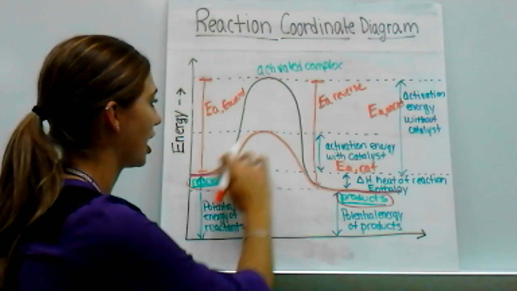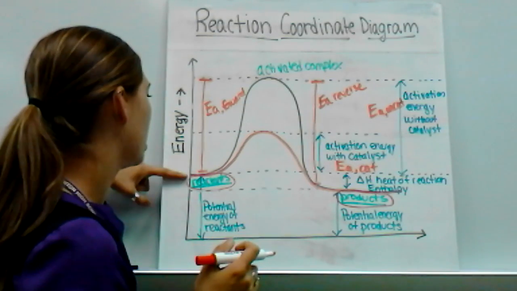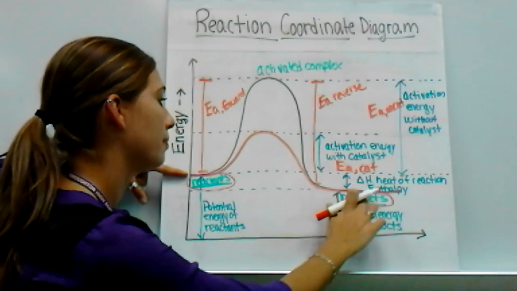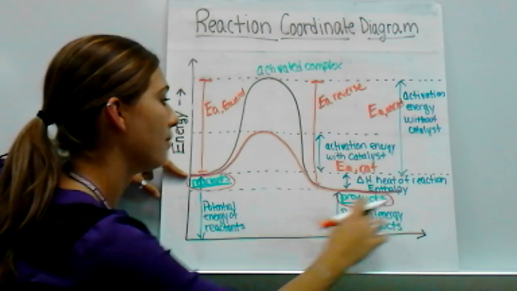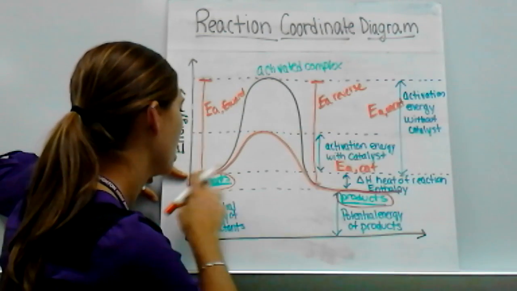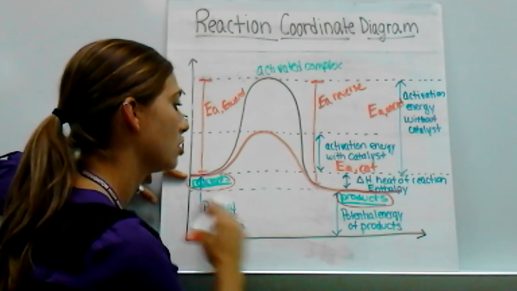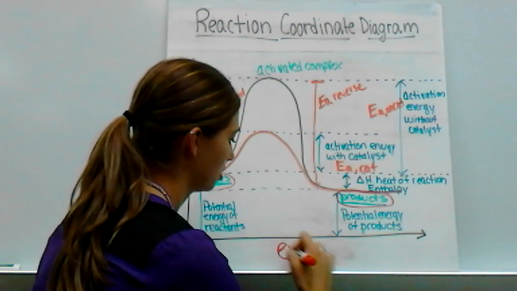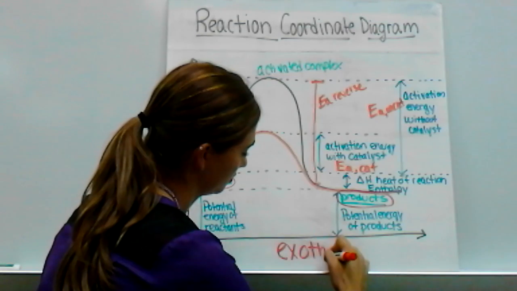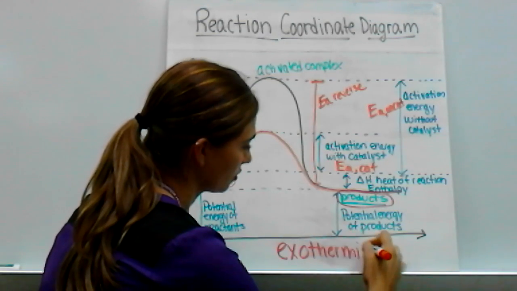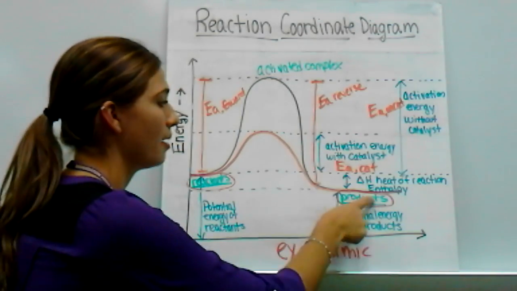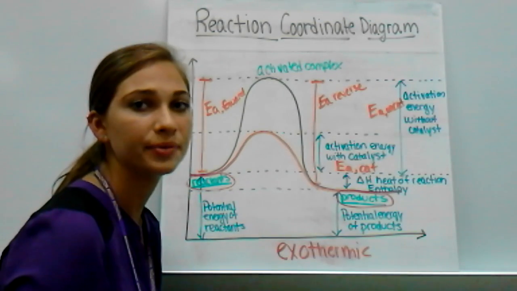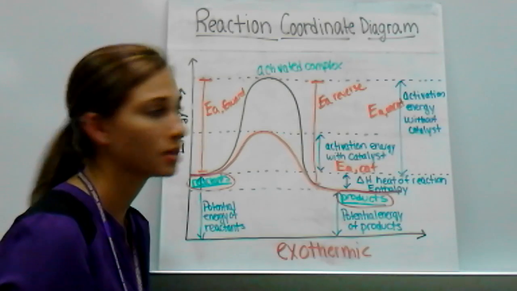Here, if we look at this diagram, our reactant started here for our energy. Our products are below that. That means our products have less energy than our reactants do. So this here would be an example of an exothermic reaction. If my products ended up higher than my reactants were, that would be an example of an endothermic reaction.